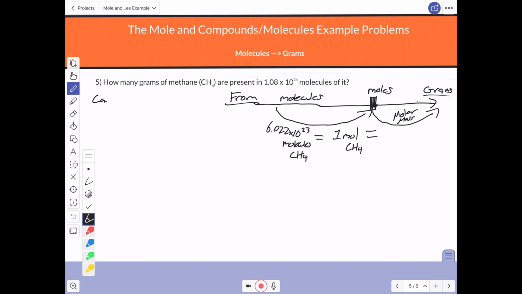Carbon and hydrogen times 4 is how we're going to have to handle this problem. So 12.0111 plus 4 times 1.00794.